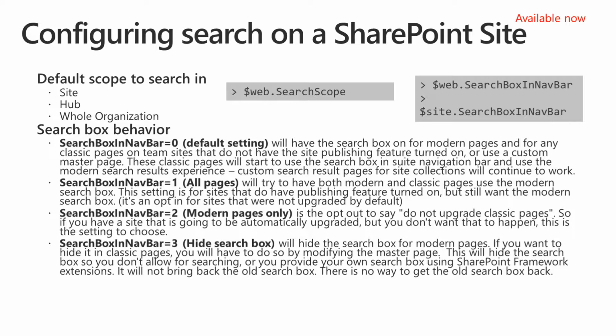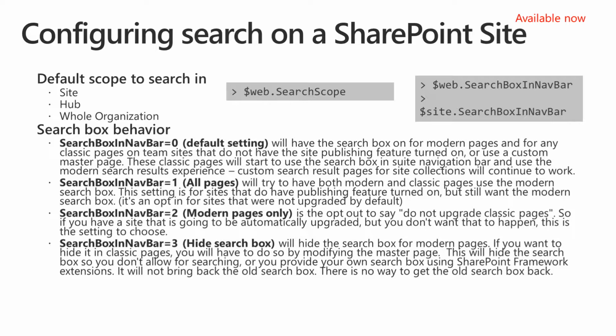The second one has more bearing on the upgrade behavior that we're going to get for classic pages. And that's the web.searchboxinnavbar, as well as the site.searchboxinnavbar. So this is the site collection setting, and this is the site setting, the SPWeb setting. And this will override the broader thing.